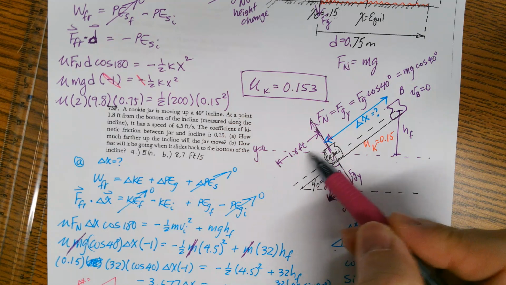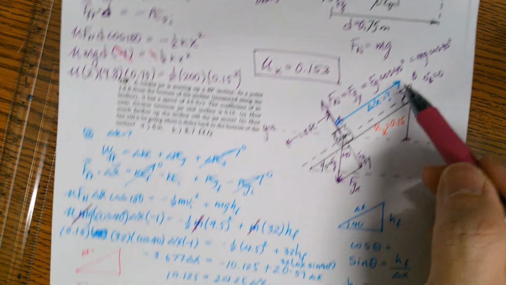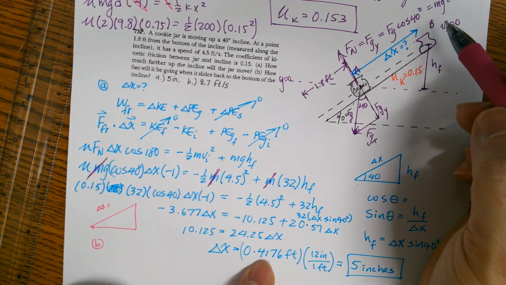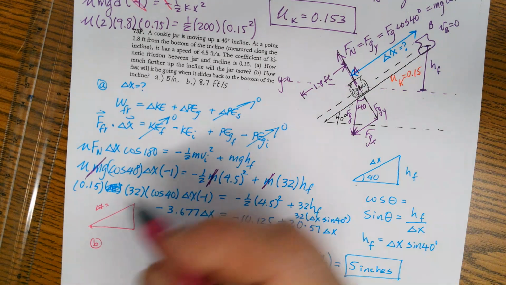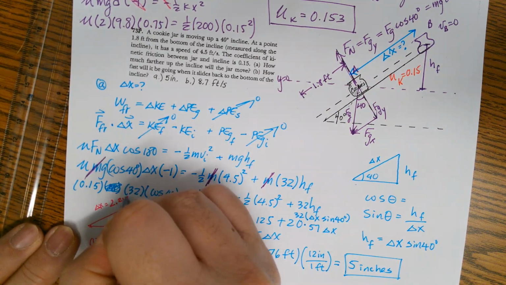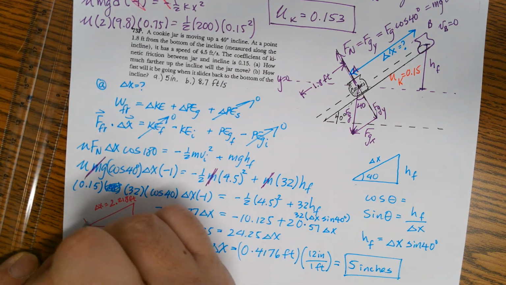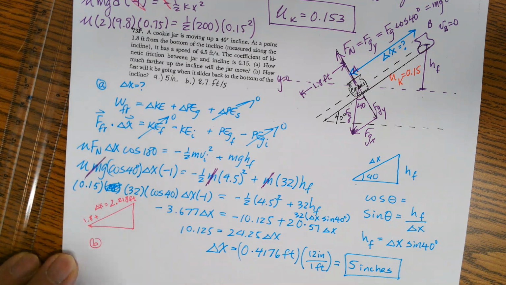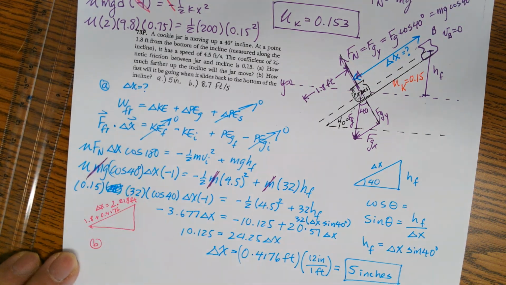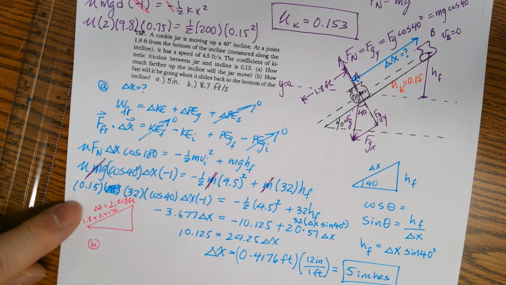So this is 1.8 already, plus my delta x, which is 0.4176. So this delta x is actually 2.218 feet. That is 1.8 plus 0.4176. So that's my new delta x.